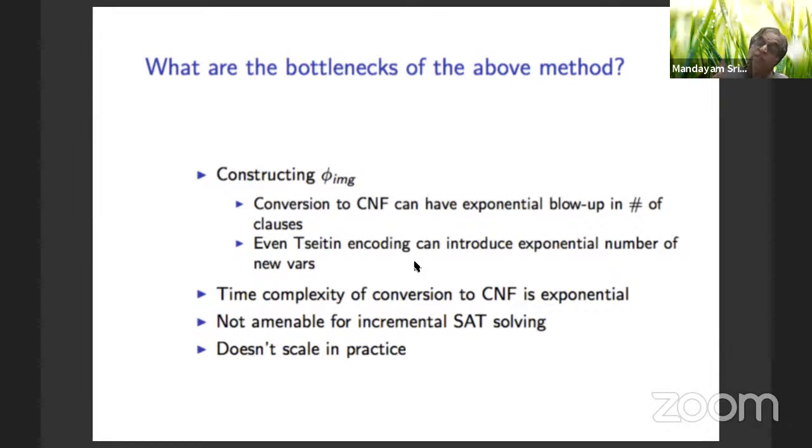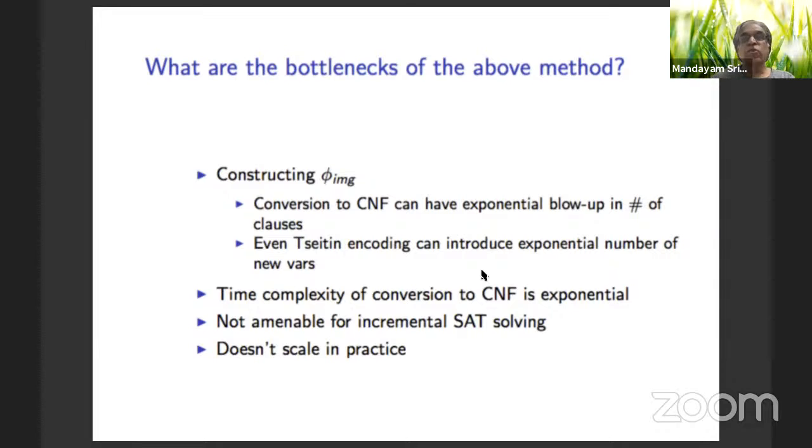And because CNF can have explosion, that's the reason for this method not being practical when you are employing SAT. Okay. Any questions there? Do the points that I made seem reasonable and clear?